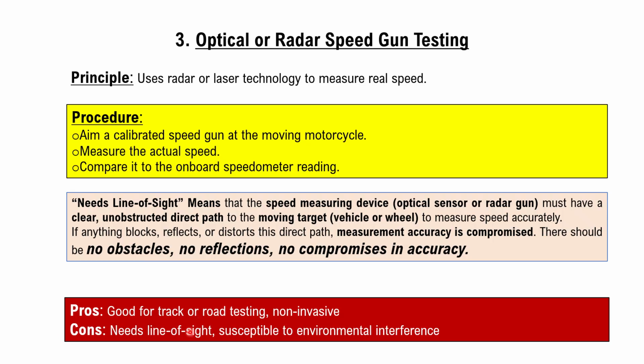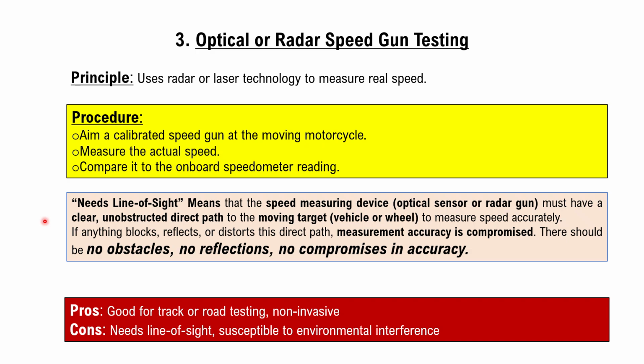Here, line of sight means that the speed measuring device, that is, the optical sensor or radar gun, must have a clear, unobstructed, direct path to the moving target, moving vehicle or wheel, to measure speed accurately.